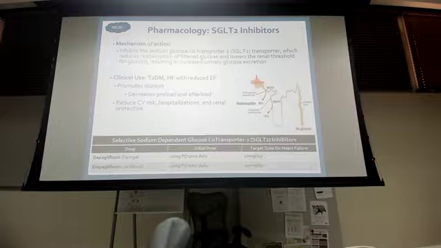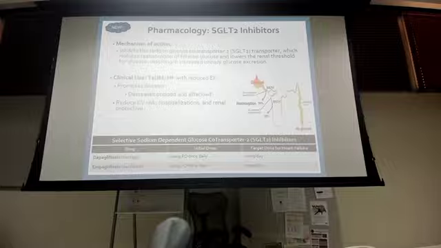All classes of heart failure. HFrEF. Heart failure with preserved ejection fraction, heart failure with reduced ejection fraction, heart failure with mildly reduced ejection fraction, and without diabetes, or with diabetes.